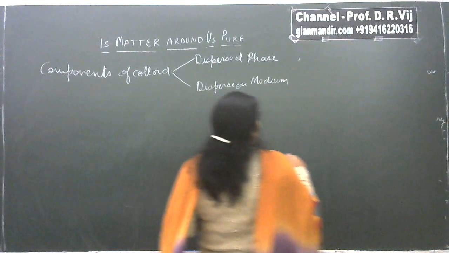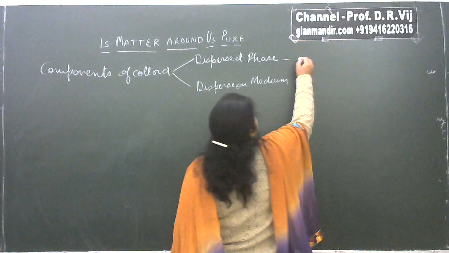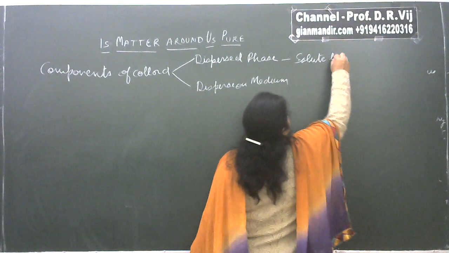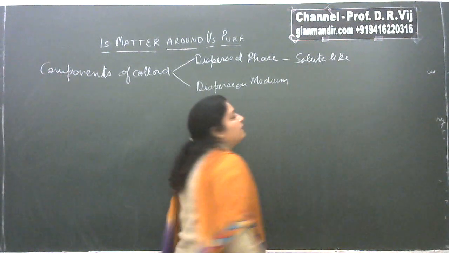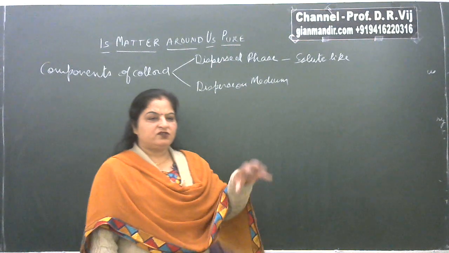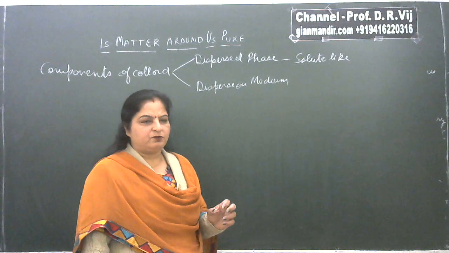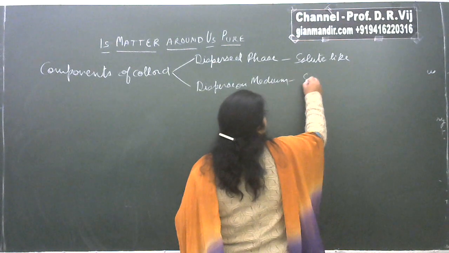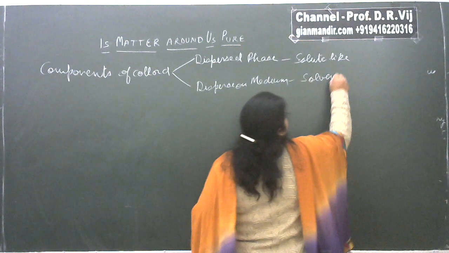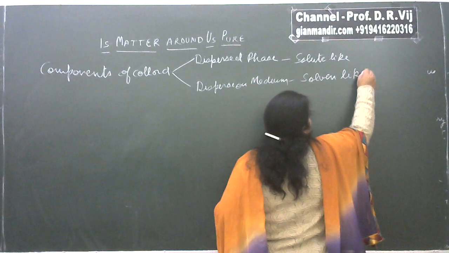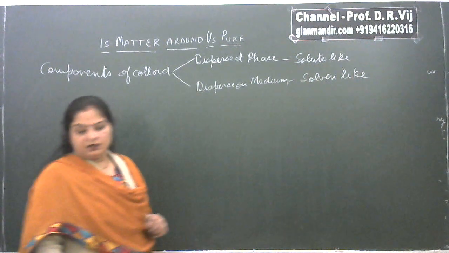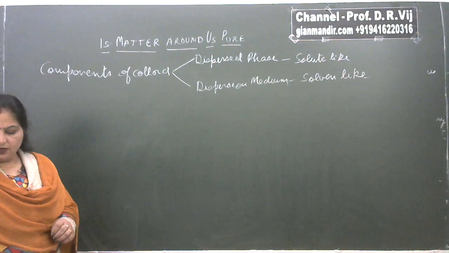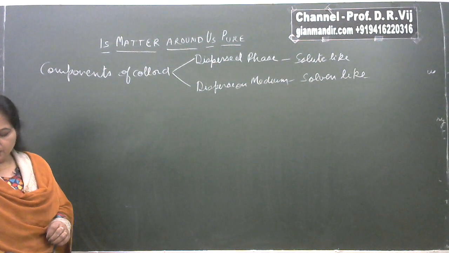So what is dispersed phase? Dispersed phase, you can say, is the solute-like component of the colloid. The component which is dispersed, which is present in a small amount, is the dispersed phase. And what is dispersion medium? It is a solvent-like component, the large component, in which the dispersed phase has been mixed. That is known as dispersion medium.